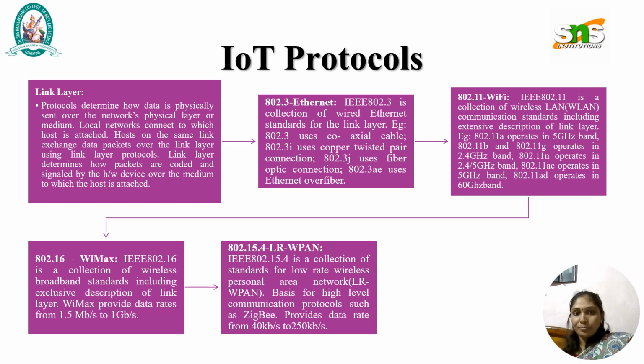Next one is 802.15.4 for LR-WPAN. LR-WPAN is a low power wireless personal area network. IEEE 802.15.4 is a collection of standards for low rate wireless personal area networks. So LR-WPAN is nothing but a low rate wireless personal area network.